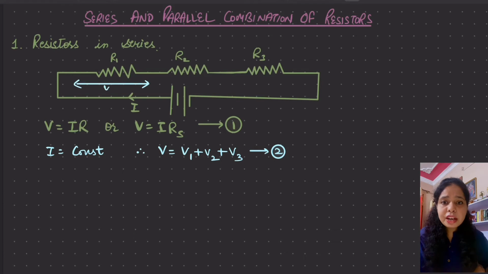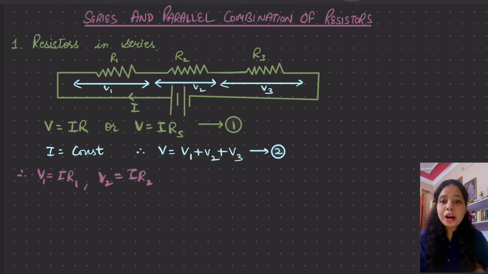Let us say V1 is the potential difference developed across the resistor R1, V2 across R2, and V3 across R3, such that V1 is equal to IR1, V2 is equal to IR2, and V3 is equal to IR3. So the total potential is given as V is equal to V1 plus V2 plus V3.